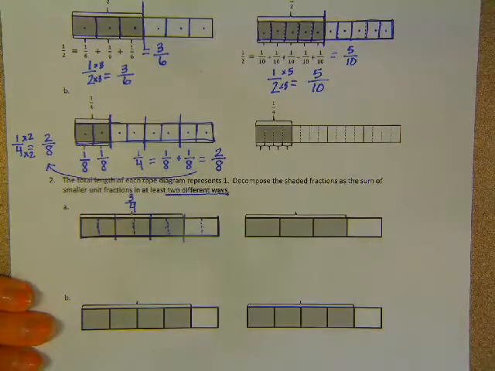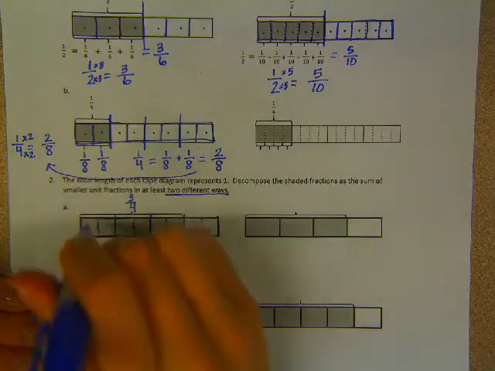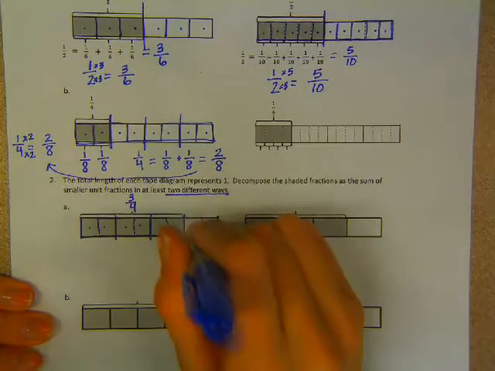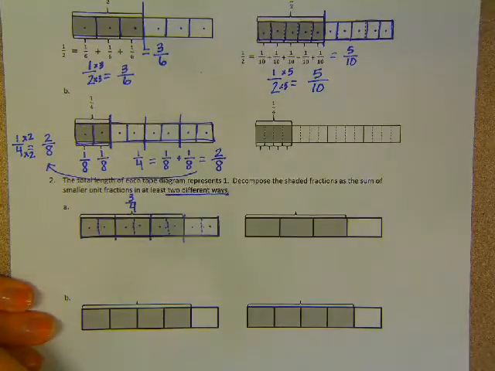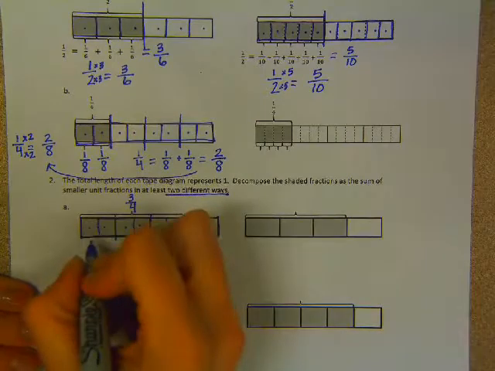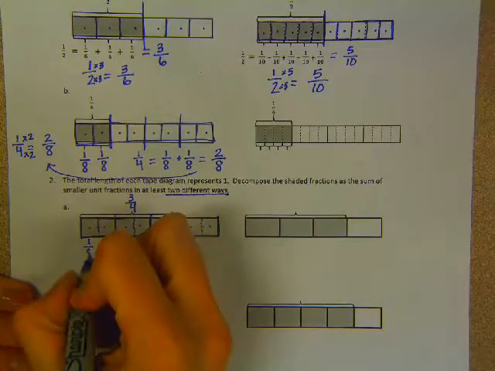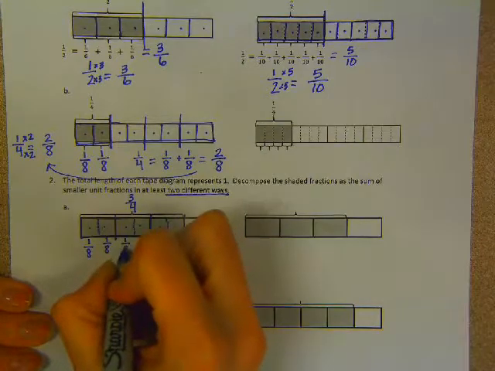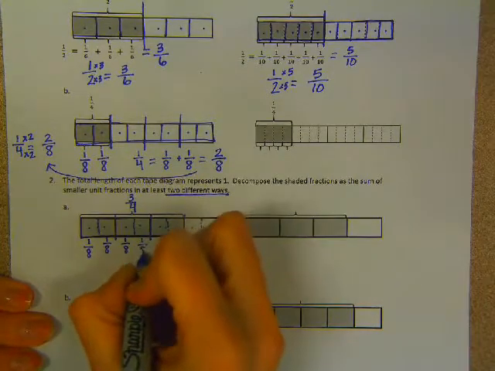So now I have 4 big pieces, but I also have 1, 2, 3, 4, 5, 6, 7, 8 small pieces. That means each of these small pieces equals 1/8. So I'm going to label each of the shaded small pieces.